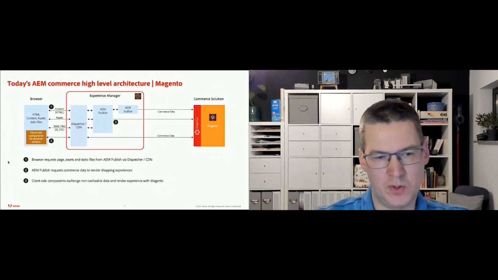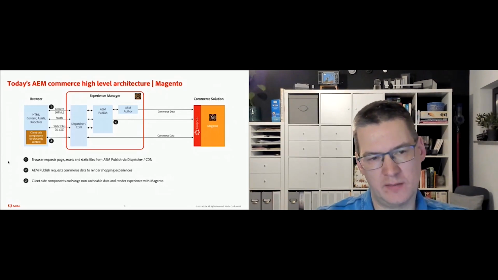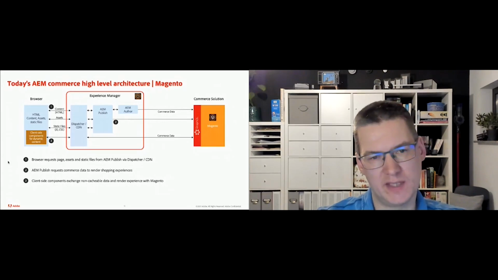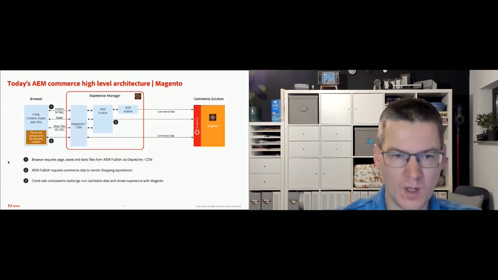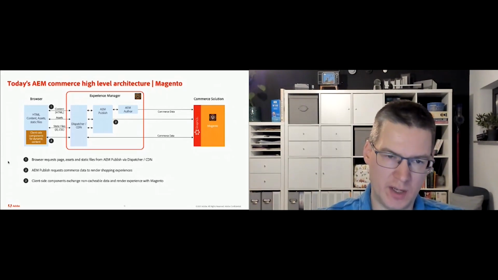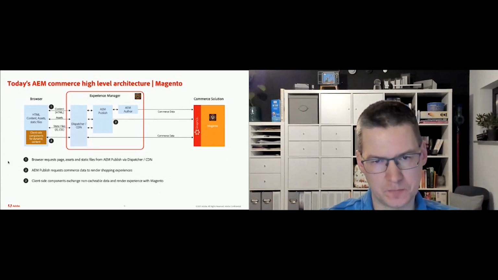And here the data flow is directly from the browser executing GraphQL queries against the Magento backend. However, the request can be routed via the CDN and AEM dispatcher. We provide a simple reverse proxy here for use cases where you don't want to expose the backend URL, or simply so that you don't have to fiddle around with multiple endpoints and multiple URLs in the browser.